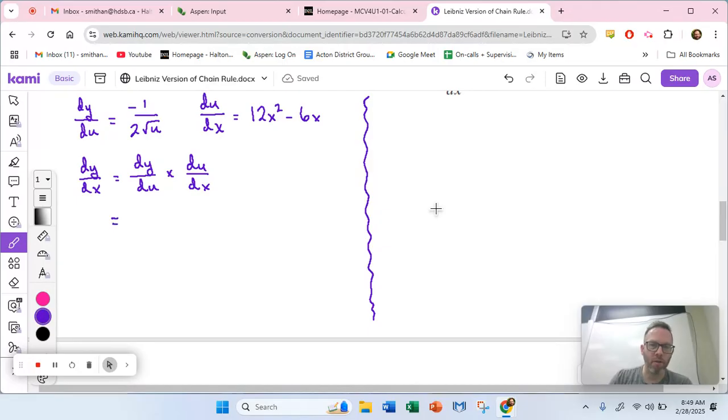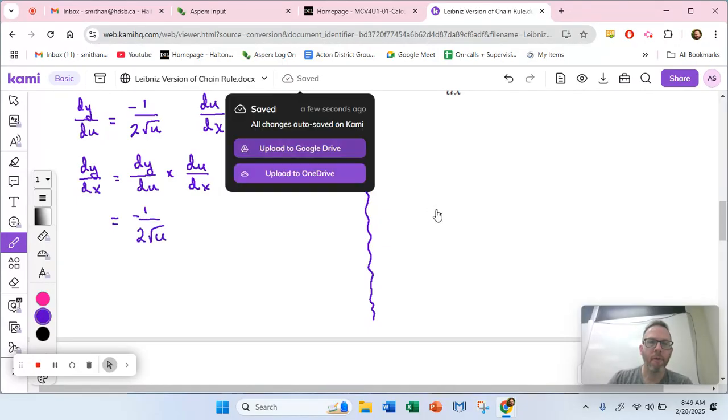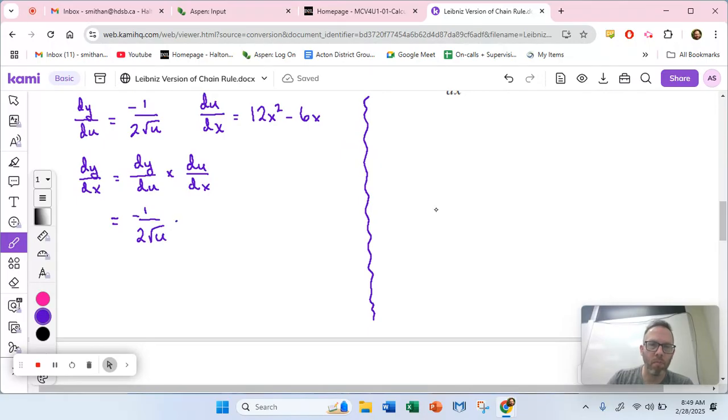So dy by du, minus 1 over 2 root u, and then we're multiplying by 12x squared minus 6x. And if you guys are okay, I think we'll go right to our final answer. So hopefully you can visualize we're going to be doing 12 divided by 2 and 6 divided by 2. Every term in the top has a 2 in it. So 12 over 2 would be 6, and then 6 over 2 would be 3.